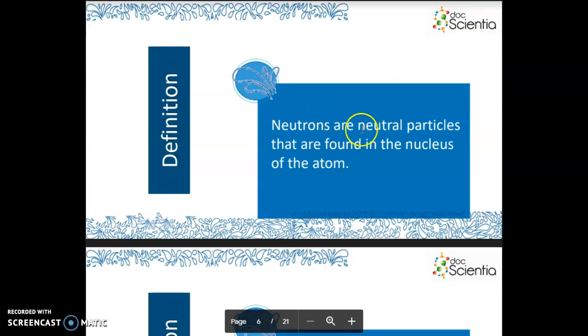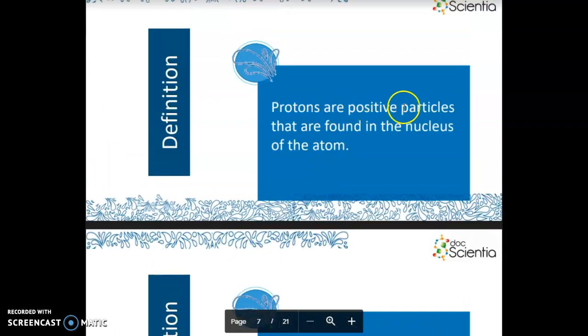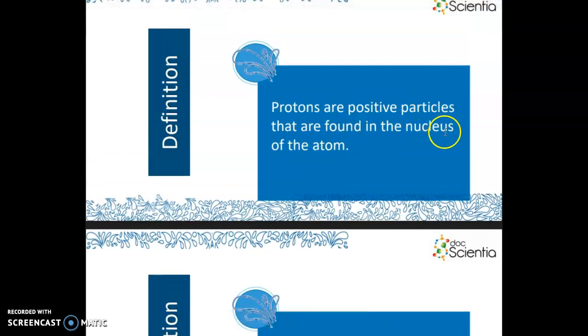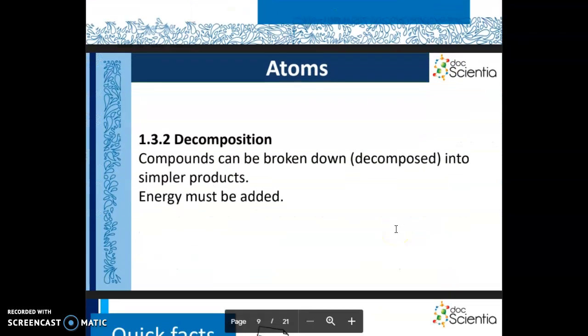So neutrons are neutral particles that are found in the nucleus of an atom. Protons are positive particles that are found in the nucleus of the atom. And electrons are negative particles that are found around the nucleus of the atom.